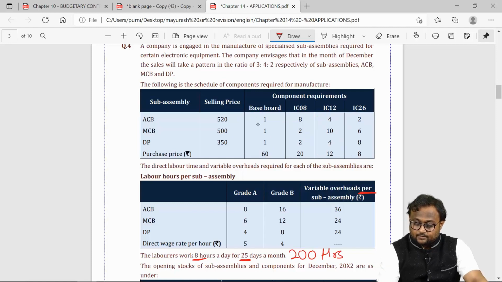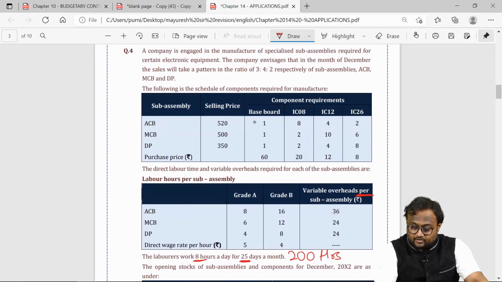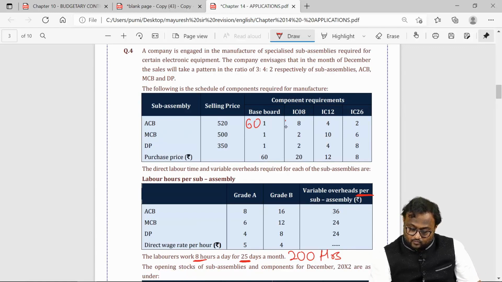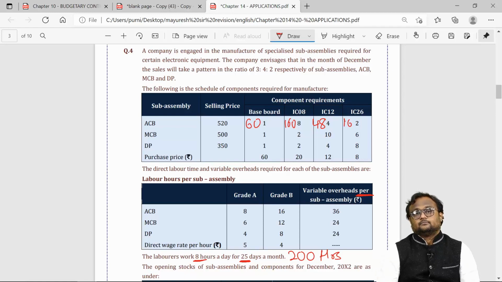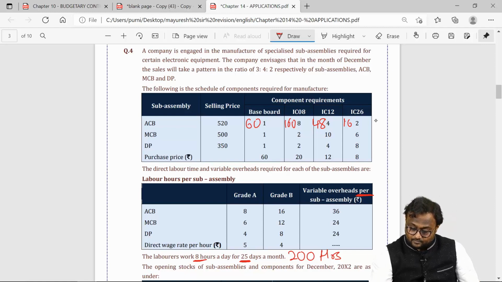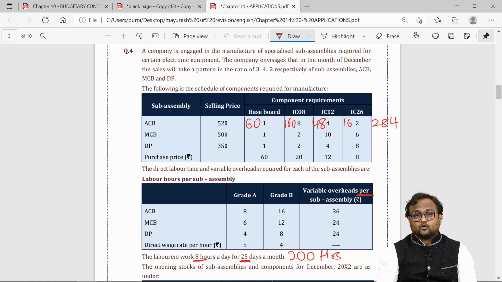So if you see, 60 I will have to spend on baseboard, then 160 on IC08, 48 on IC12, and 16 on IC26. So 60 plus 160, 48 plus 16, 284 will be the material cost of ACB.